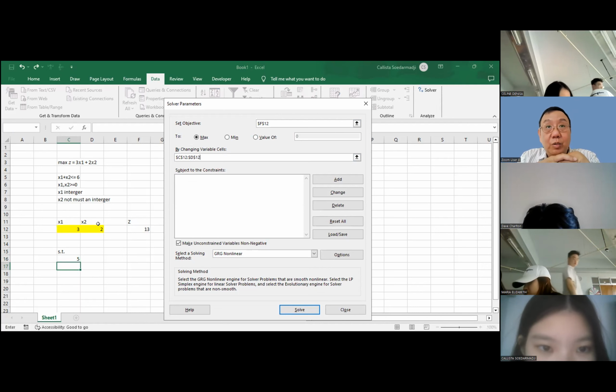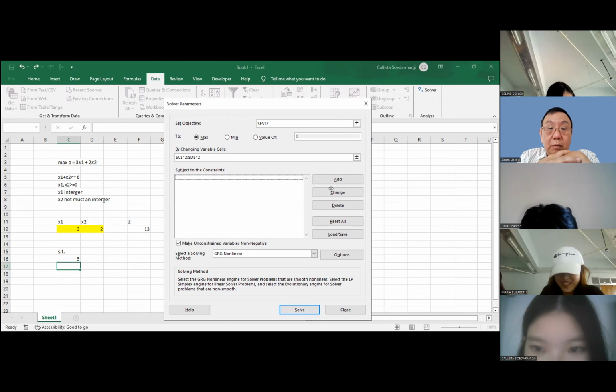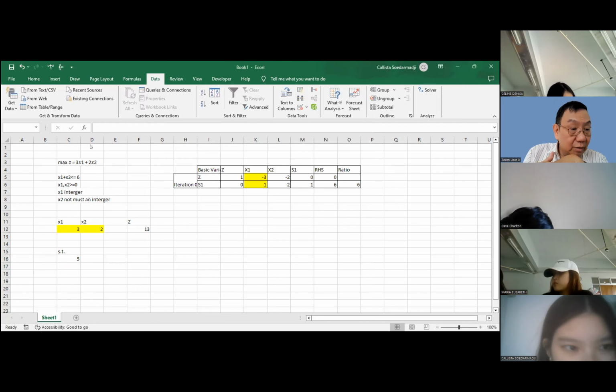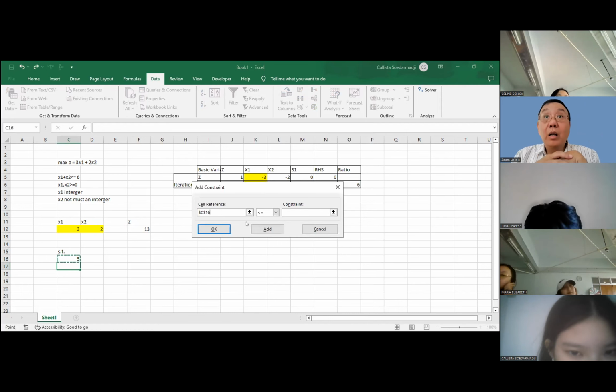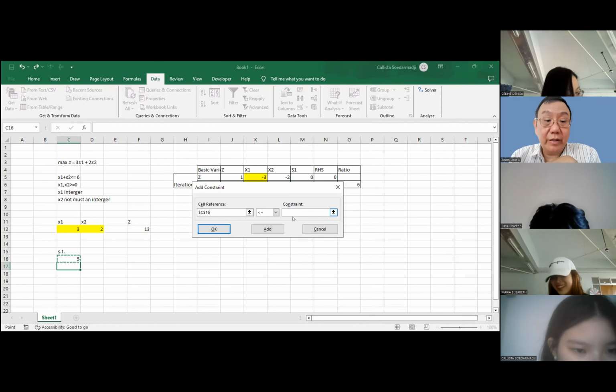Subject to constraint, you add. The left hand side is C16, less than or equal to 6, right? You type 6 on the constraint.